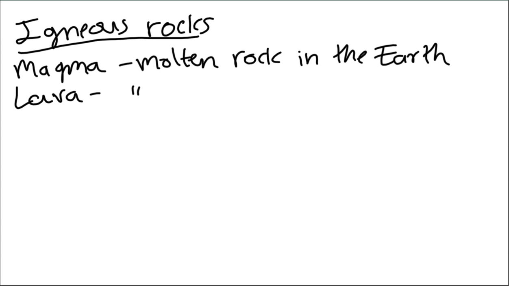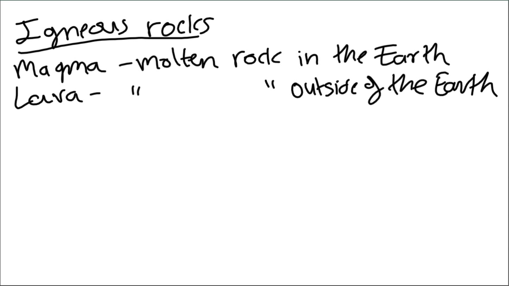So this is molten rock outside of the earth. And when this molten rock cools and solidifies is a really key term that we need to know. So it solidifies. It becomes a solid rock, and this is called igneous rocks.